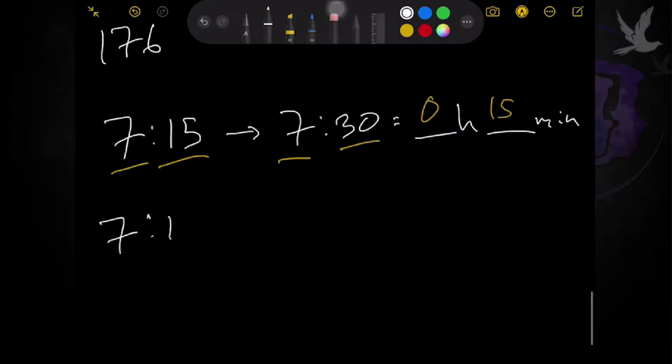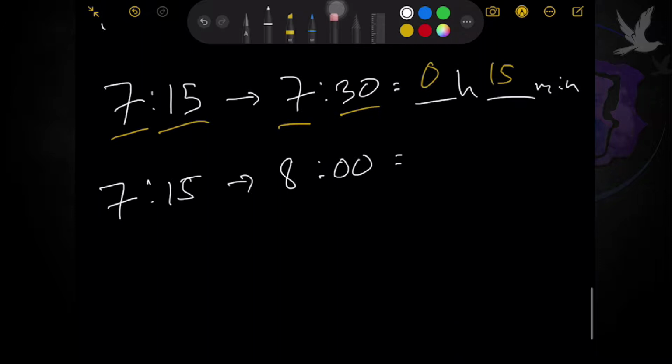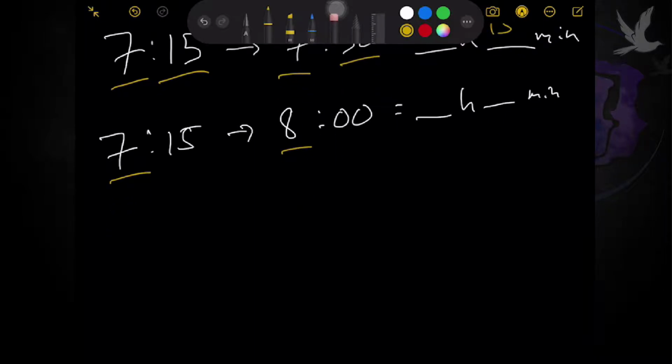Now, what if we have 7:15 to 8? If you notice, kasi if you'll get confused, what you can do here, yes, you may see that there is an increase in terms of hours, but it has not reached 1 hour yet, because 1 hour after 7:15 is equivalent to 8:15.